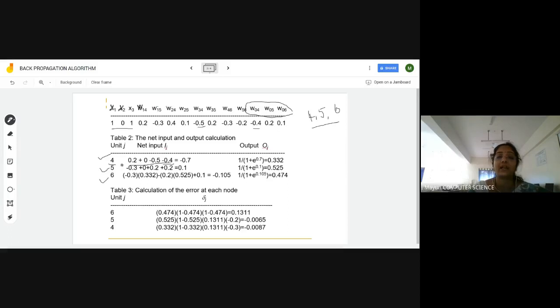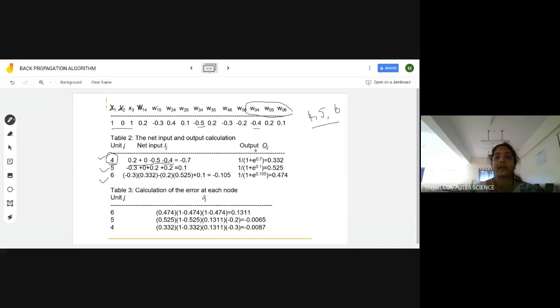And you are calculating output at 4. Since you are calculating output at 4, you have to add the bias weight of 4, that is called W04. That is your minus 0.4. So the total value is minus 0.7. You have to apply the activation function over minus 0.7.